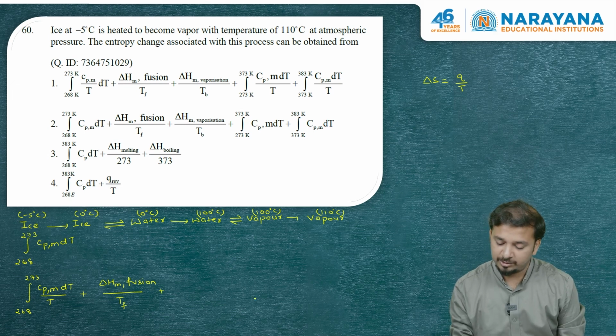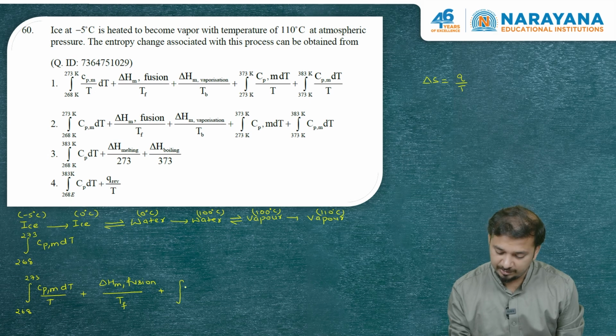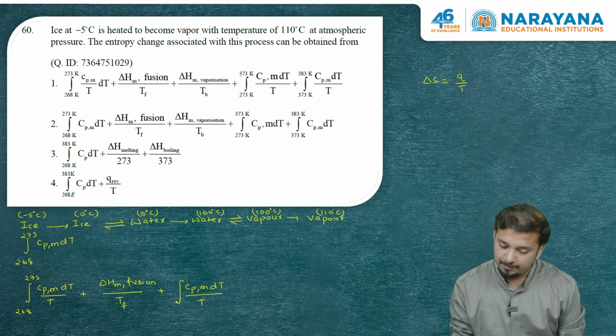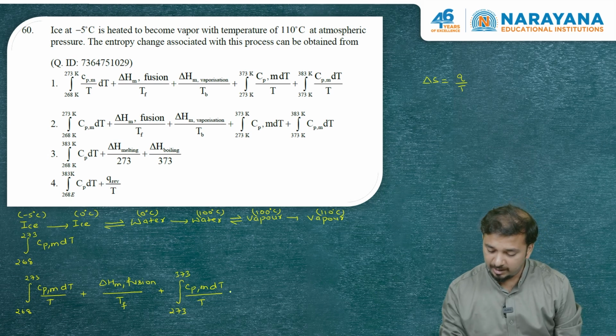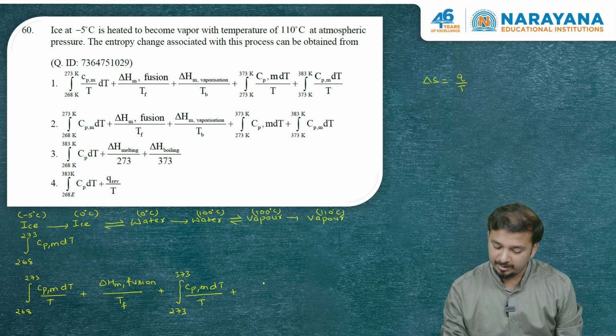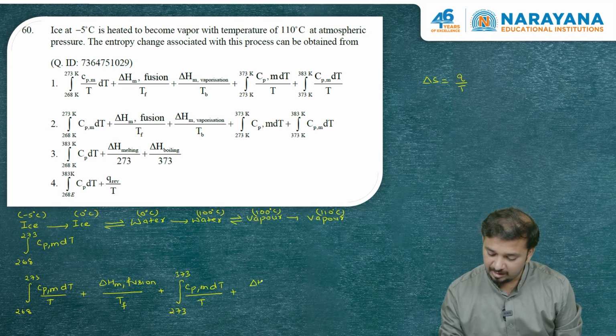Plus water's temperature is increasing from 0 to 100 degrees centigrade. So for this process we can write CPM dt upon T. Now temperature will be 273 to 373. So this is the limit. Then water and vapor, they are in equilibrium at 100 degrees centigrade. So we can write for this delta HM vaporization divided by the temperature.